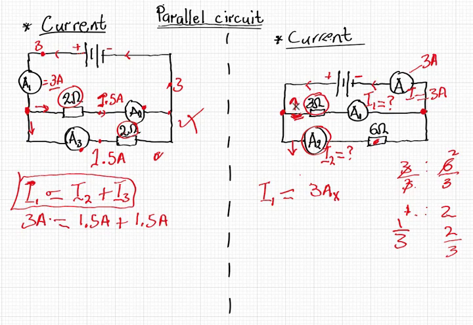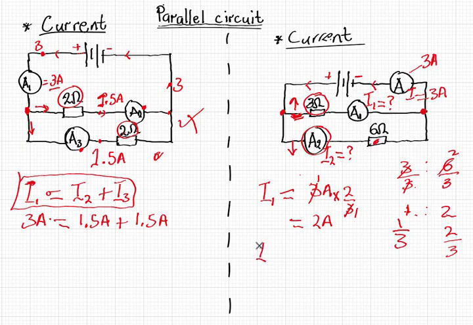Like we said, it means more current, right? So more current is 2/3. 3 into 3, 1. 3 cancels 3. What are we left with? 2 amps. So the current here is 2 amps.